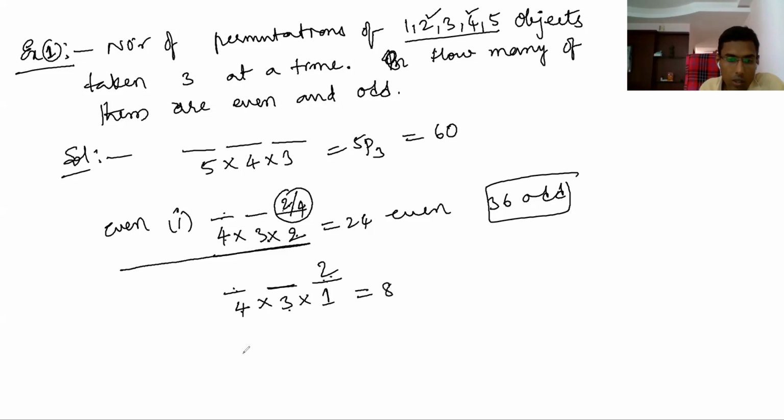That is 12 ways. Next, either 2 or 4 can be fixed at the end. If you fix 4, it is the same: only 1 way to fill this one. Then this you can fill in 4 ways and this in 3 ways. That is again 12.